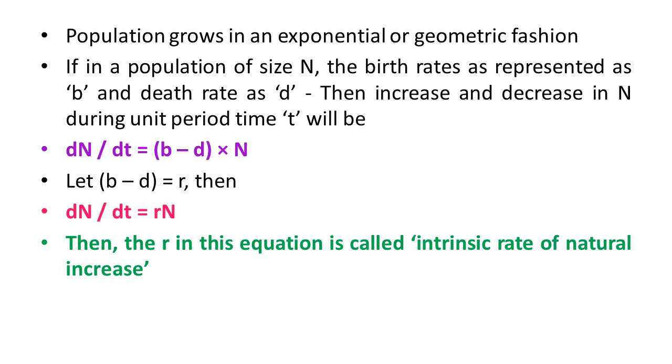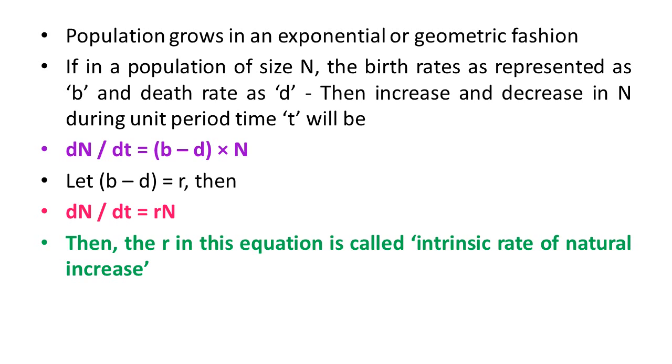R in this equation is called the intrinsic rate of natural increase, and it is a very important parameter for assessing the impact of any biotic or abiotic factor on population growth. So dN upon dt is equal to rN.